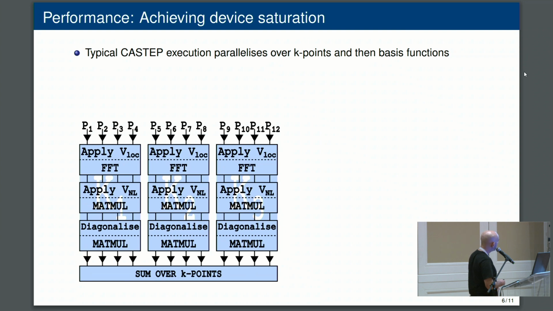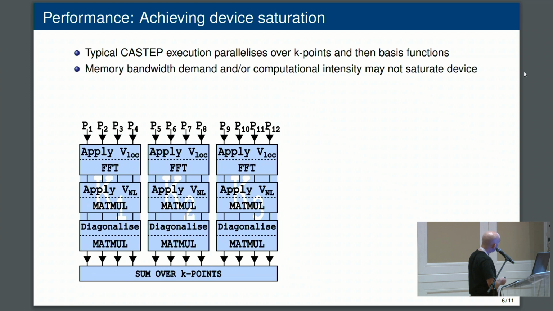And what we typically find is that the memory bandwidth demands or the computational intensity over the runtime, we find it difficult to saturate the device. There simply isn't enough work to do per kernel to get the most out of the device.